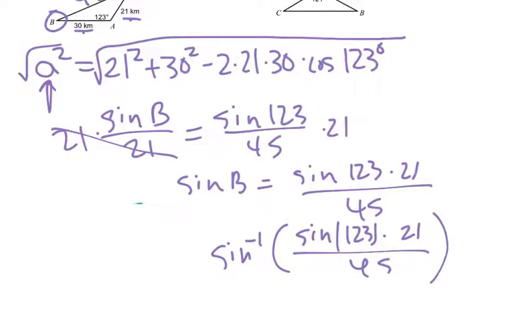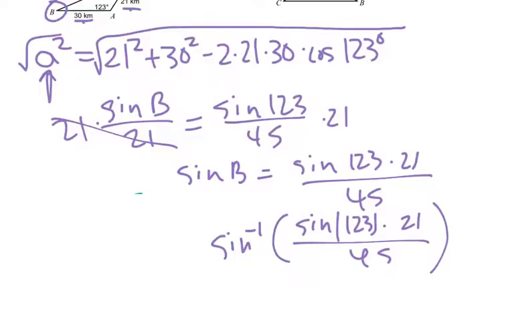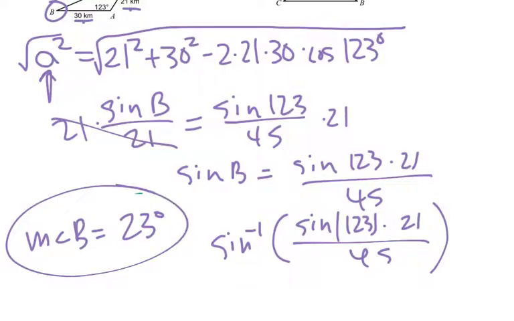So I go the inverse sine of the fraction, sine of 123 degrees times 21 over 45. I'm in degree mode, so it'll spit it back out as a degree. So I get the measure of angle B equals 23 degrees. 23.04, but we'll call it 23 for fun.